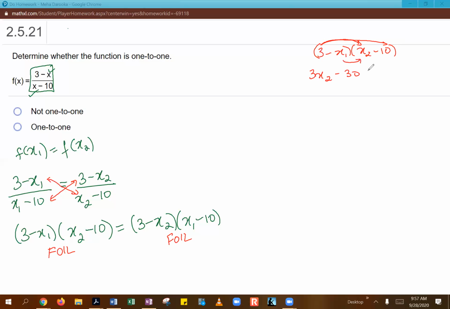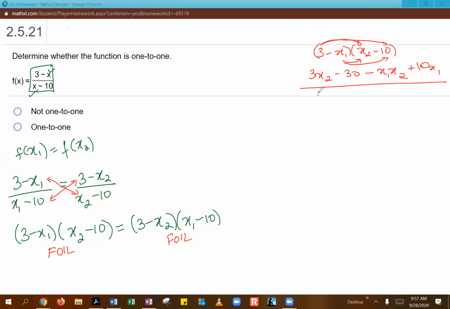The inner terms, that's negative x1 times x2. And then the last terms is negative x1 times negative 10. So negative and negative become positive, 10 times x1. Okay, so this is what we're getting on the left-hand side.